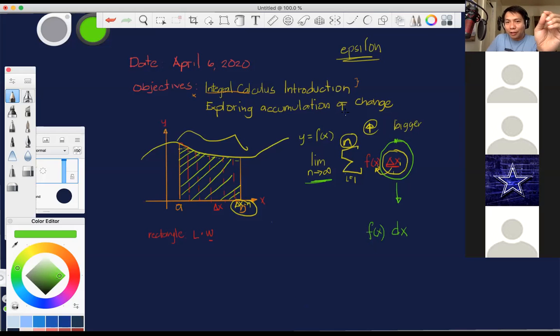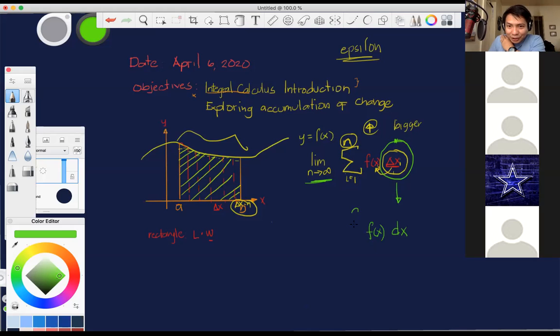Now, instead of writing the epsilon, if we use the summation, or the epsilon, this is more of the crude way of trying to figure out your areas.